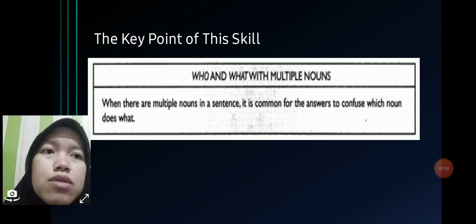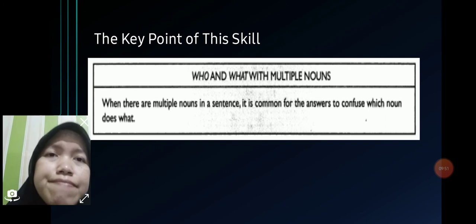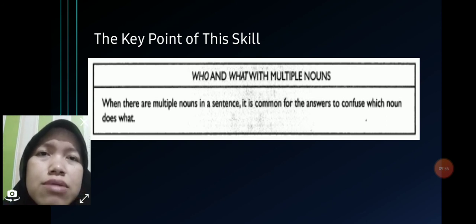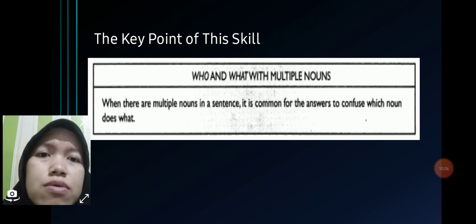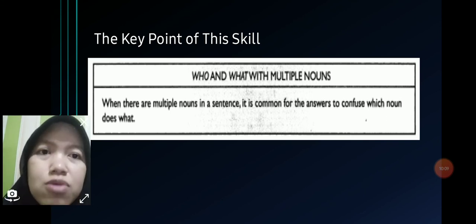When there are multiple nouns in a sentence, it's common for the answer to confuse you with noun-dash-word. So to handle these questions, you have to know the first noun.